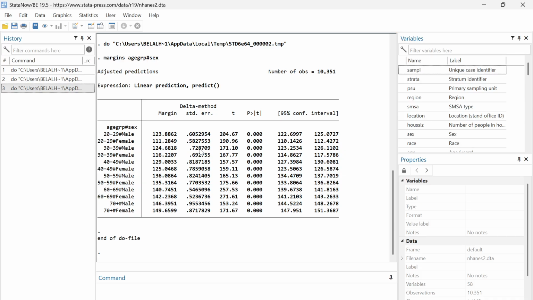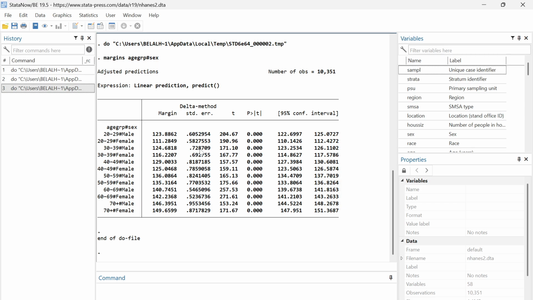So what pattern can you see from this table? First, there's a high gap between male and female, where males have higher systolic blood pressure, and then as they grow older, in the middle, the gap actually reduced, right?